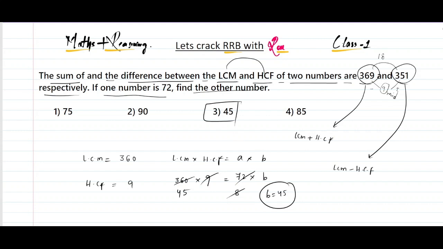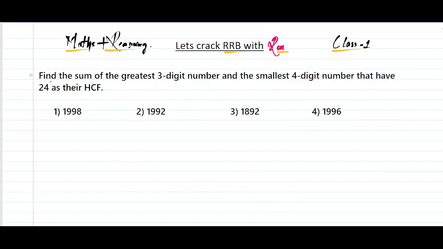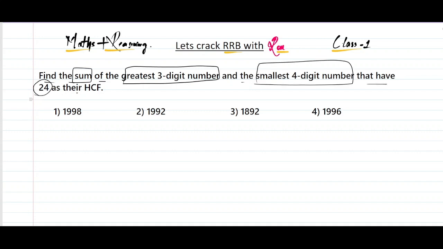Okay, next question. See this question. Find the sum of the greatest 3-digit number and the smallest 4-digit number that have 24 as their HCF. See, first you need to know what it means to have 24 as their HCF: the numbers should be exactly divisible by 24.